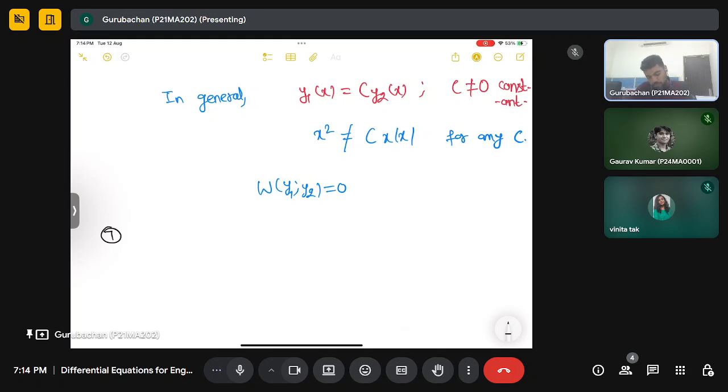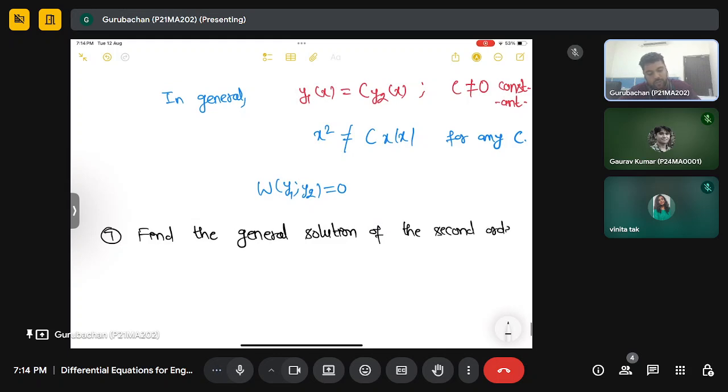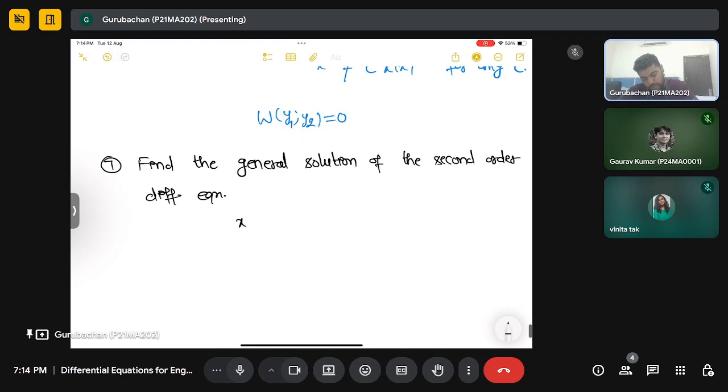So in this question, find the general solution of the second order differential equation (x minus 1) y double dash minus x y dash plus y equal to 0, knowing that a polynomial is a solution.